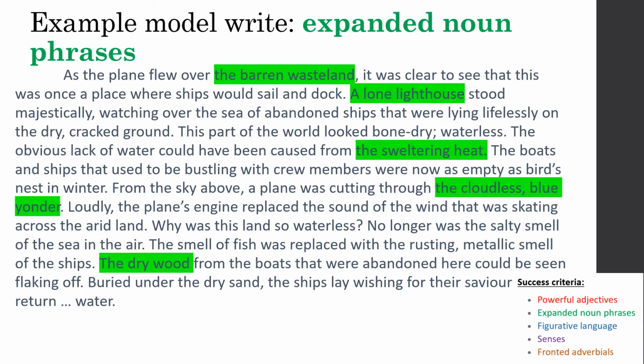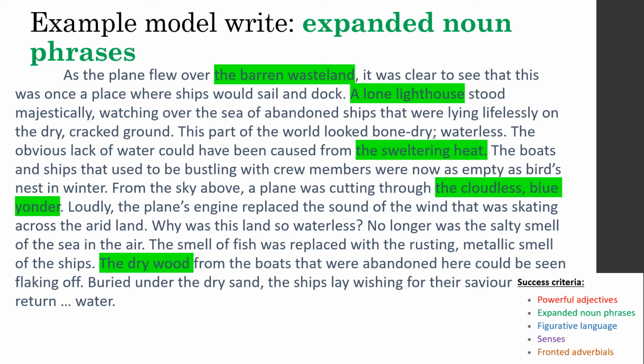I've highlighted the expanded noun phrases. So the barren wasteland. Wasteland is the noun and the adjective before the noun is barren. A lone lighthouse. The adjective is lone and the noun is lighthouse. The sweltering heat. The adjective is sweltering and the noun is heat.